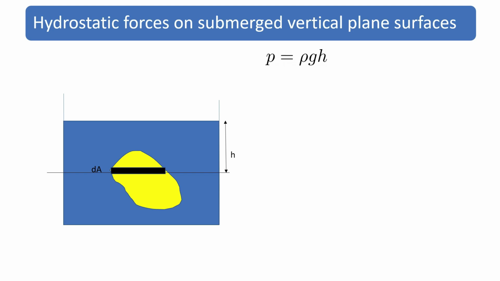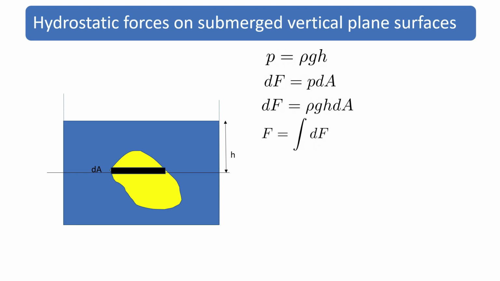So the pressure acting at this small area is rho gh, that is the hydrostatic pressure. And the small elemental force acting on the plane surface is equal to pressure into dA, which is equal to rho gh into dA.